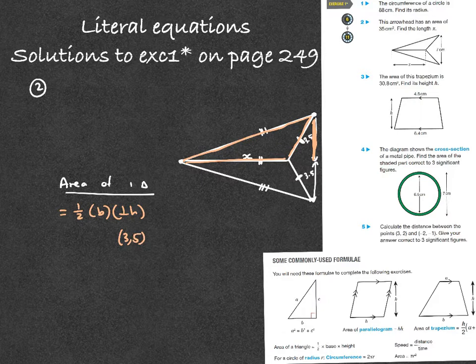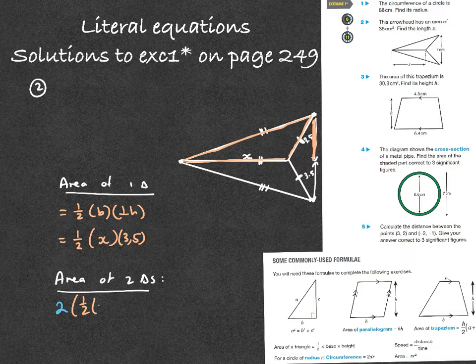So it's therefore equal to a half times the base. The base is equal to x. And so it's a half times x times 3.5. That is the area of one triangle, that triangle there. So the area of two triangles would be double that, right? 2 times a half times x times 3.5.